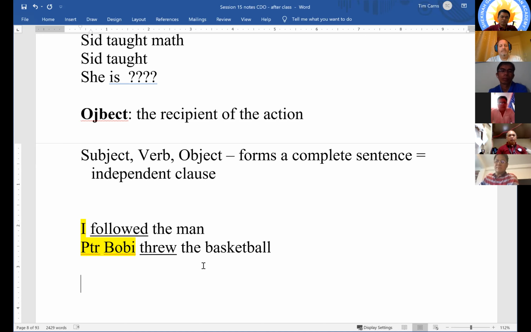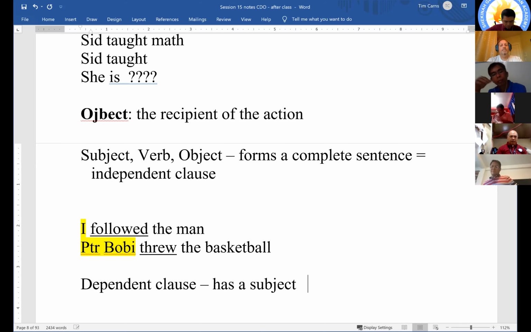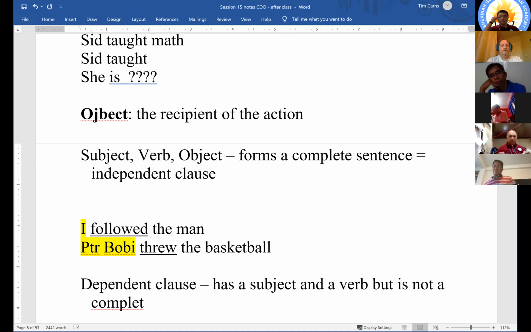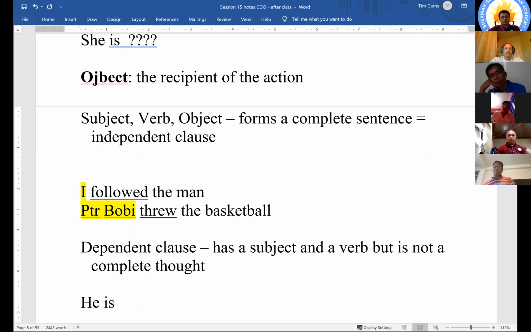Okay? A dependent clause has a subject and a verb, but is not a complete thought. So like, for example, I said he is. Okay? That is a clause because there is a verb and a subject, but it is not a complete thought. Now, why do I bring this up?